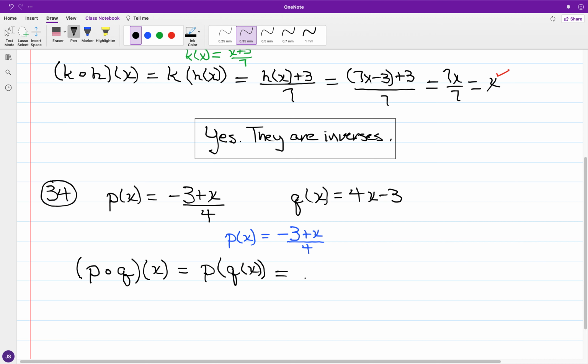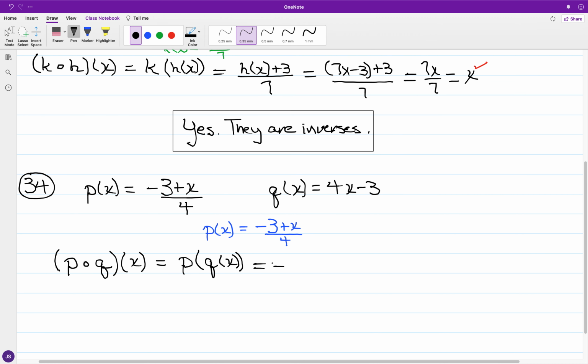So we're looking at negative 3 plus q of x all over 4.